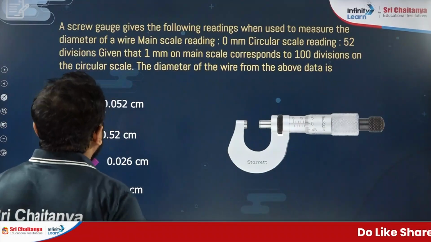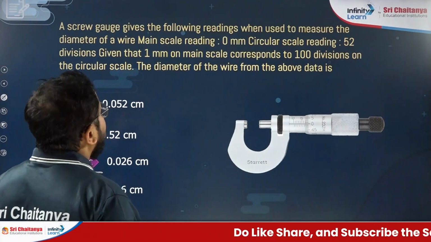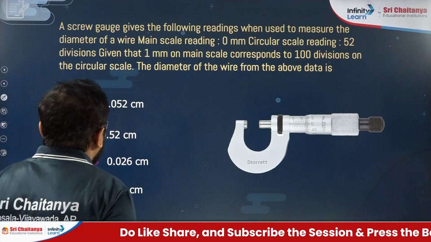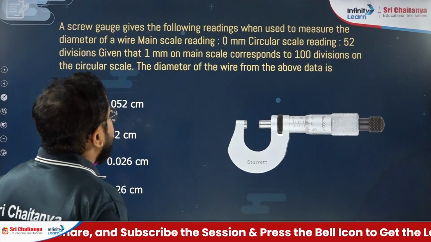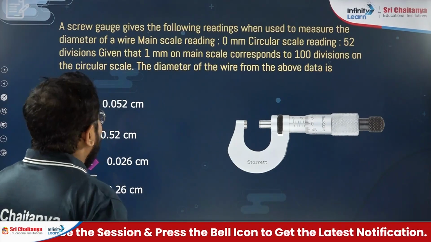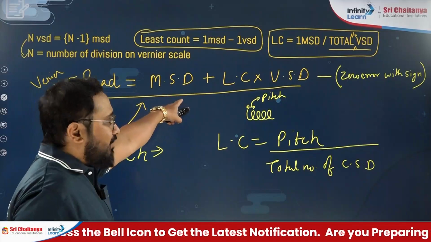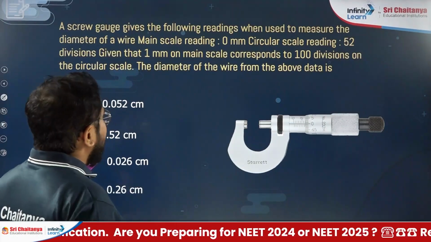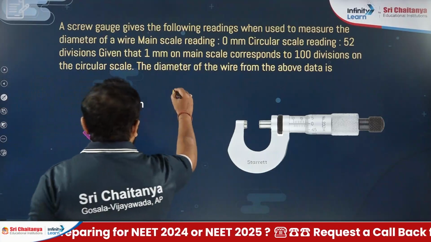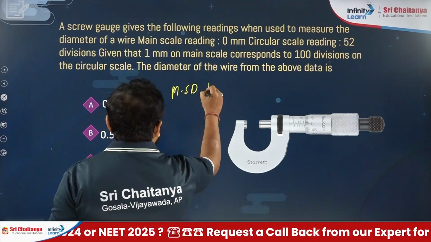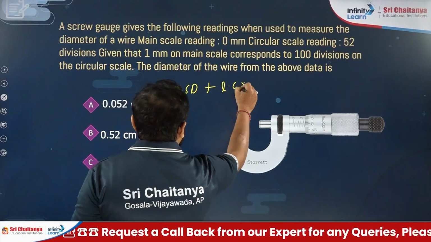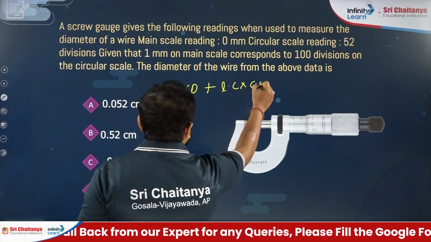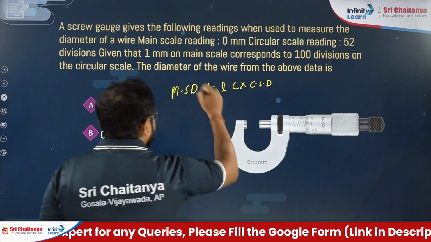Next, see the next. The screw gauge gives the following reading when used to measure the diameter of a wire, where main scale reading is 0 mm. Directly this formula will work, which I have given you. MSD plus LC into CSD.